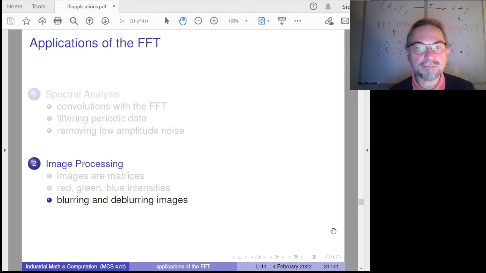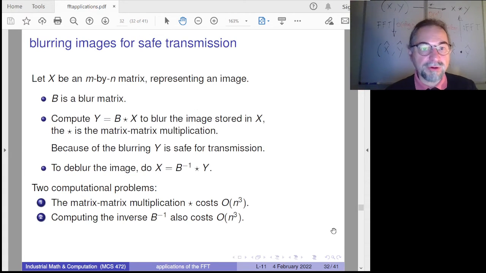Okay, so here we are going to do a very expensive operation. So I will say it. The bottom line here is, what is the problem actually? We want to send out sensitive images.